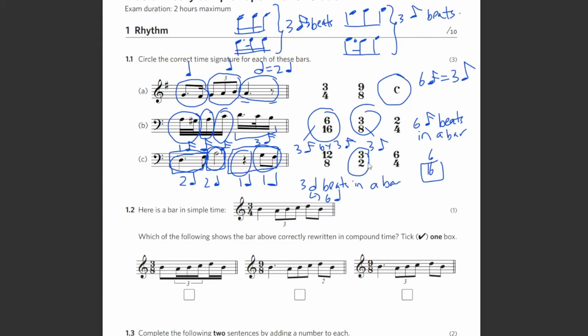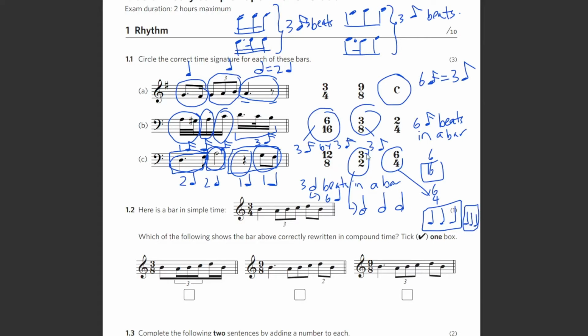If you have 3/2 time, you group them minim beat by minim beat, so the first minim beat, the second and the third, you group them together. But if it is 6/4 time, you will group 3 crotchet beats by 3 crotchet beats.